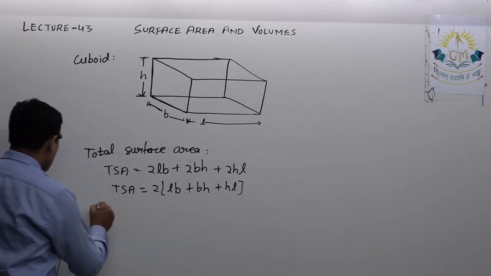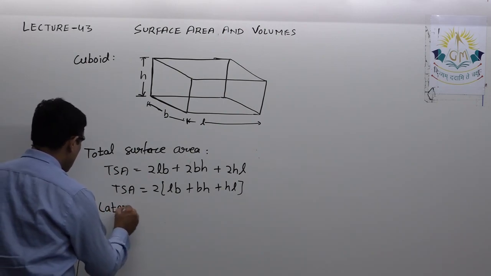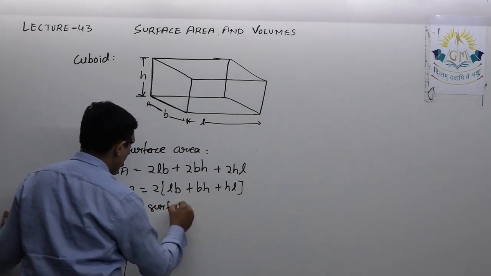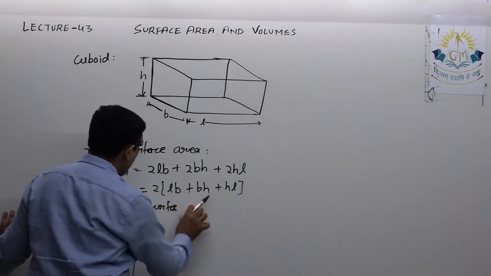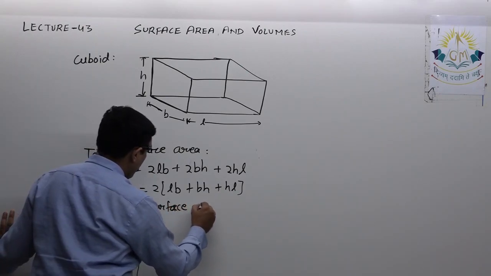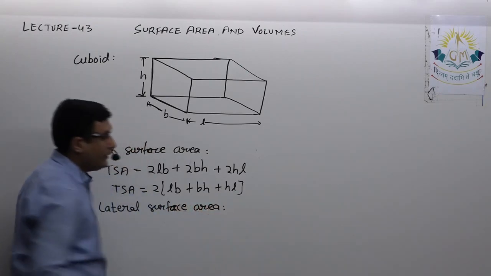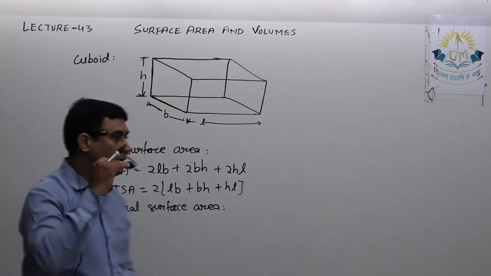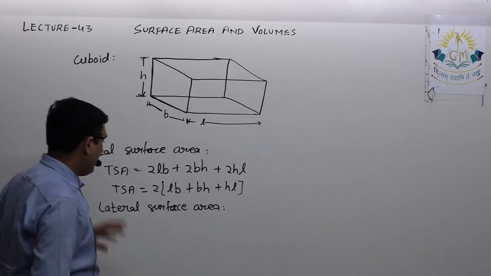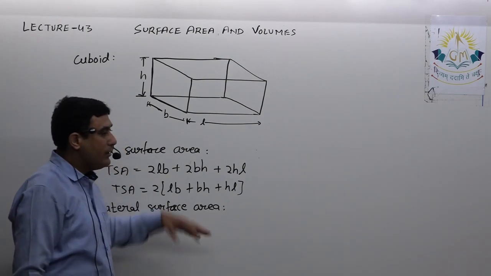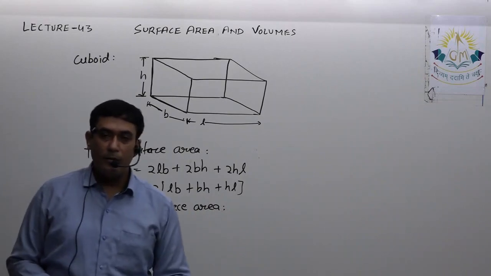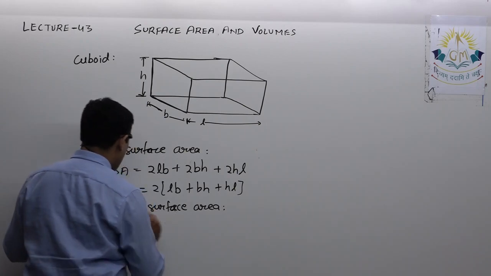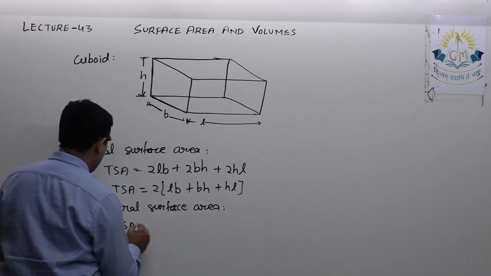Next is lateral surface area. Lateral surface area means area of walls, or in other words, excluding the area of the top and the bottom. If we exclude these two areas, then whatever surfaces remain in the cuboid are considered the area of its lateral surface. In short, I write it LSA.